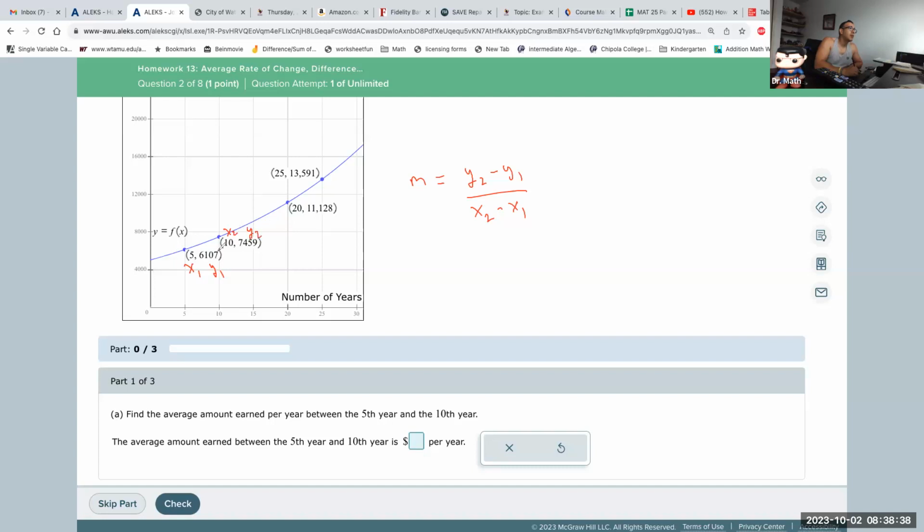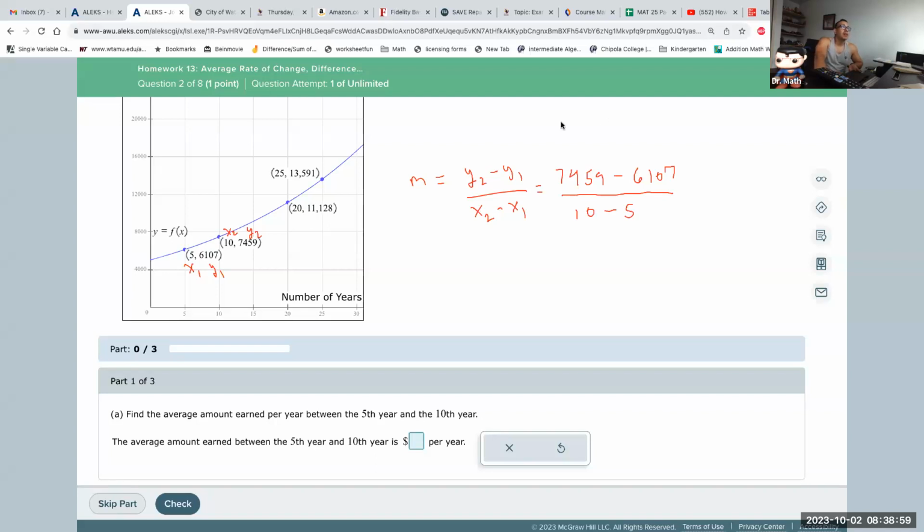But even if you flip these around at the end, you'll get the same answer, which is great news. So we got 7,459 minus 6,107, all divided by x2, which is 10 minus 5. So we just subtract those and then divide.